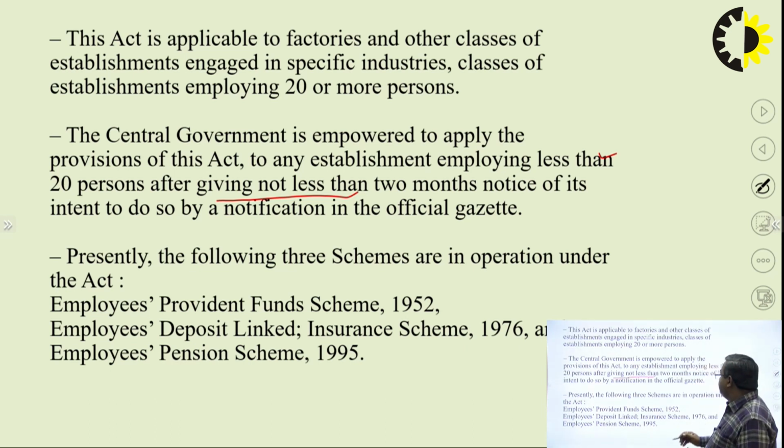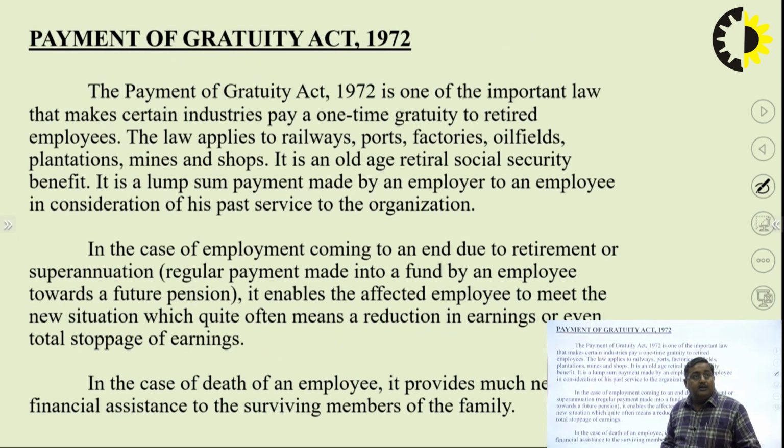Presently, the following 3 schemes are in operation under the act. What are these? The Employees Provident Fund Scheme 1952, the Employees Deposit Linked Insurance Scheme 1976, and lastly the Employees Pension Scheme 1995.